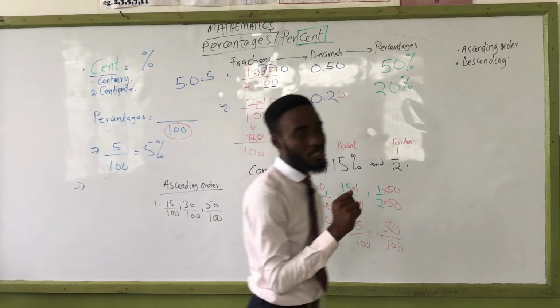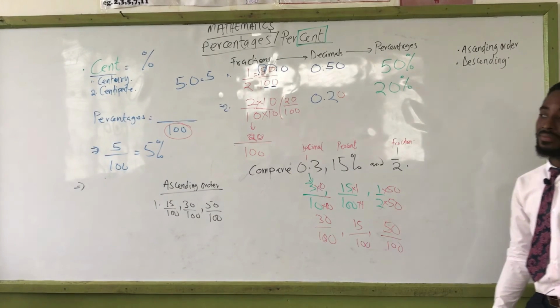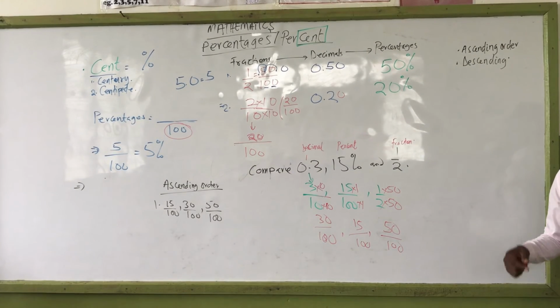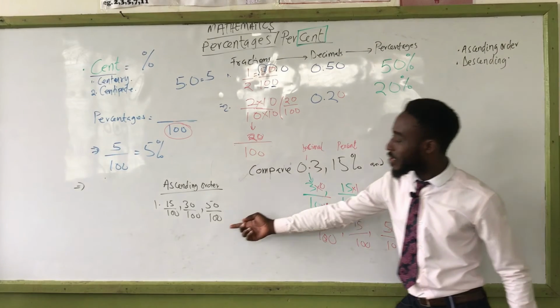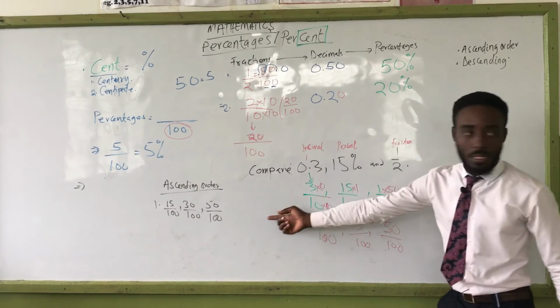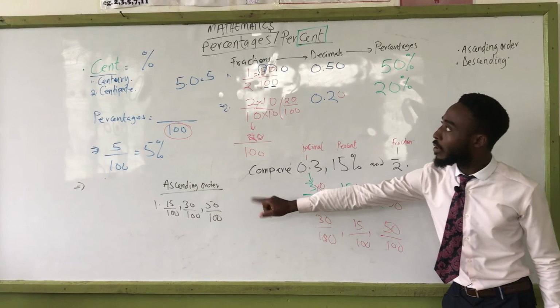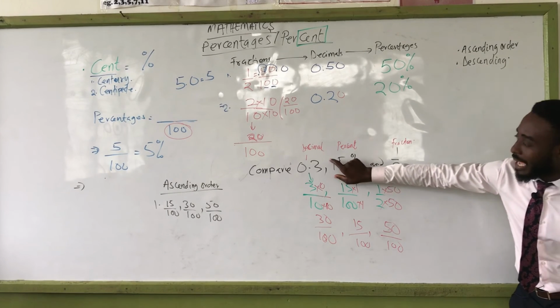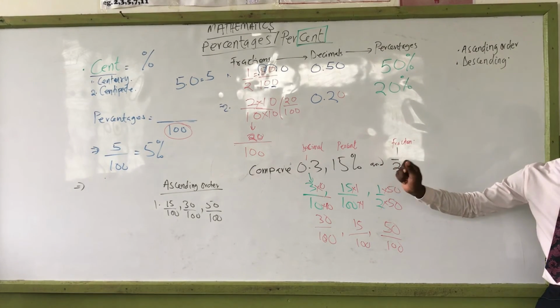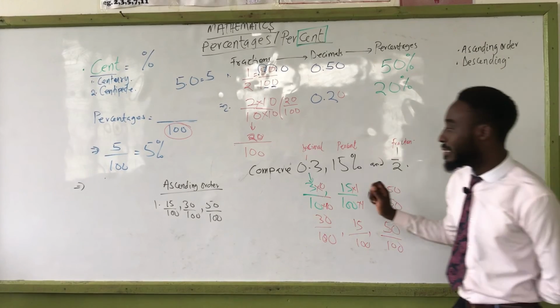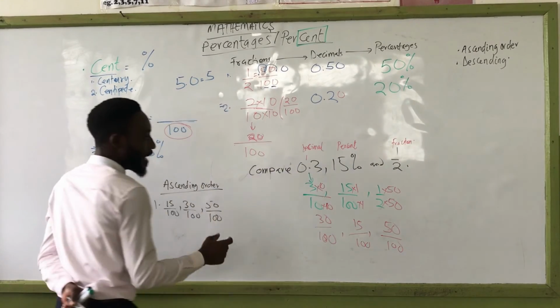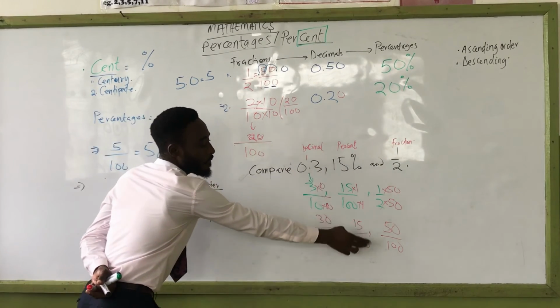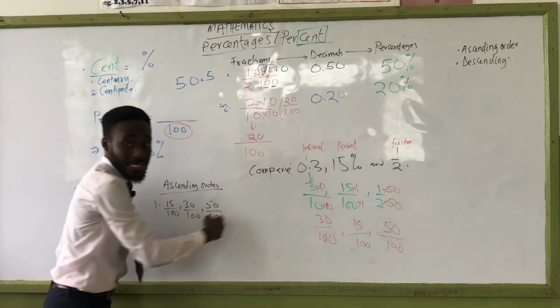However, make sure you don't leave your answer in this form, because the question was given to you another way. You have to write it in the form in which you were given the question. So what value gave me 15 over 100? 15%.